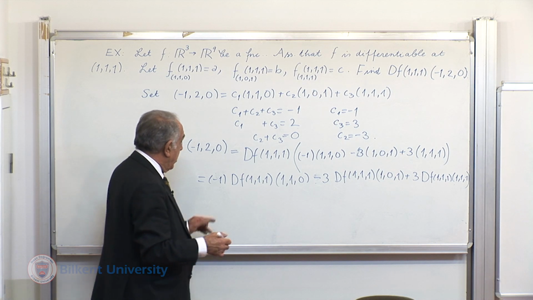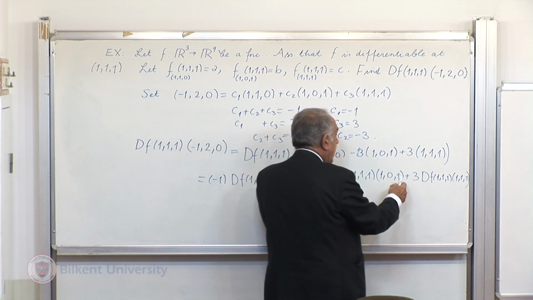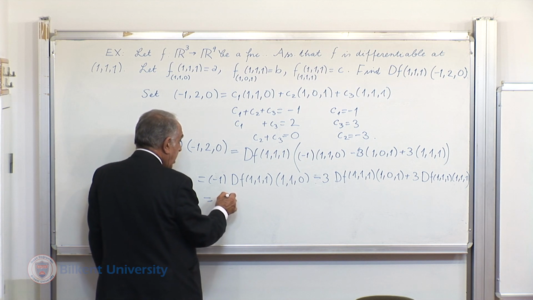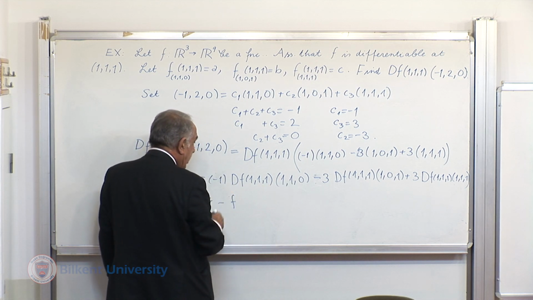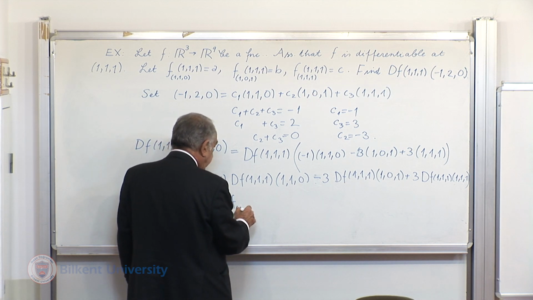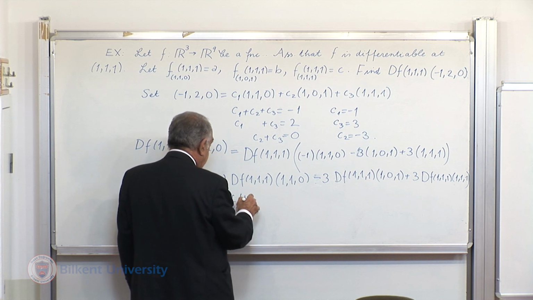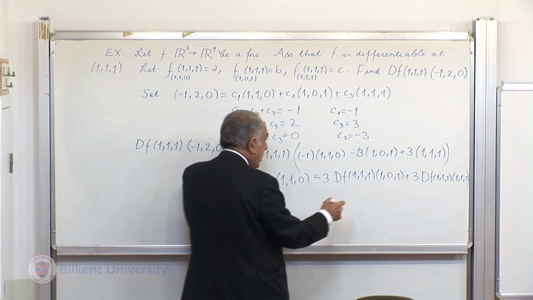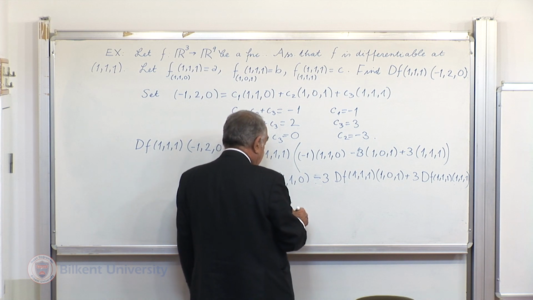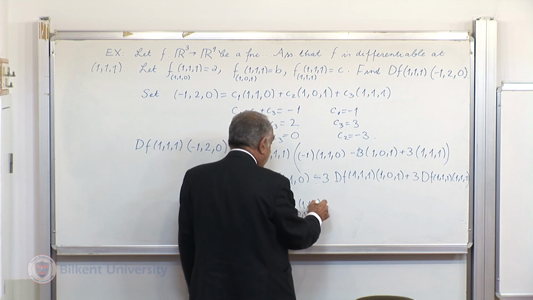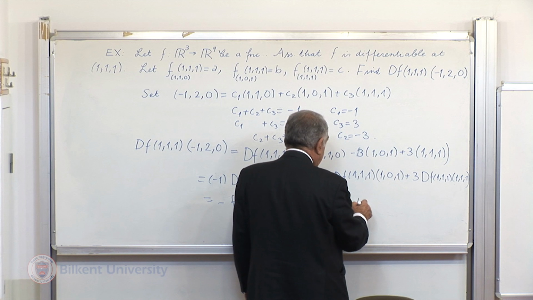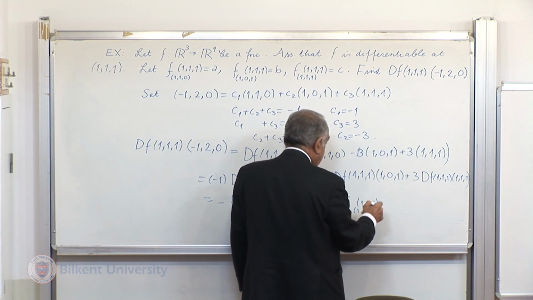Well, so the problem boils down to finding these Q vectors in terms of A, B, C, but this is equal to the directional derivative of f in the direction of 1, 1, 0 at 1, 1, 1 plus -3 times the directional derivative of f in the direction of 1, 0, 1 at 1, 1, 1 and plus 3 times the directional derivative of f in this direction and at the same vector.